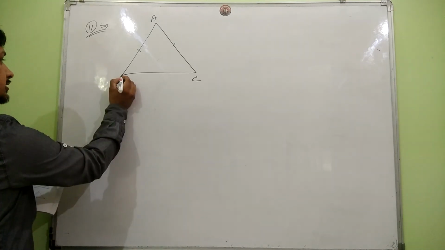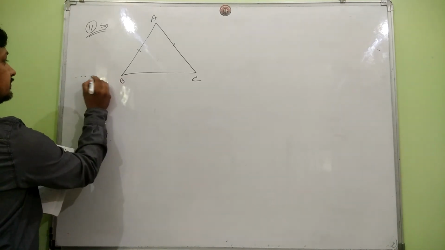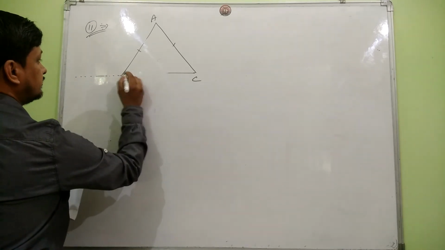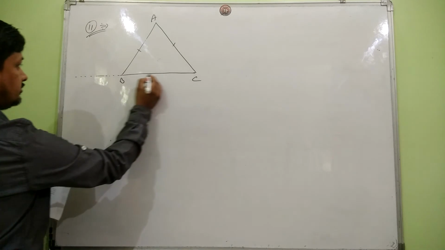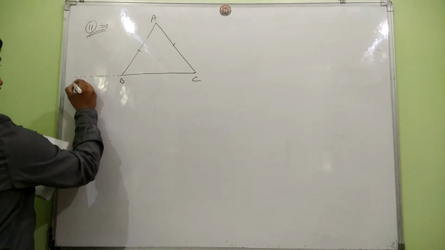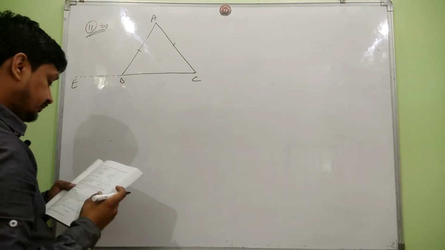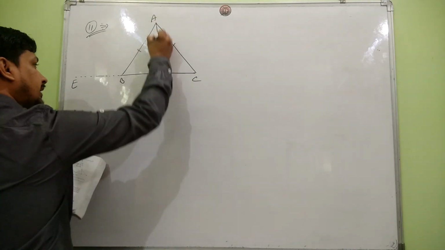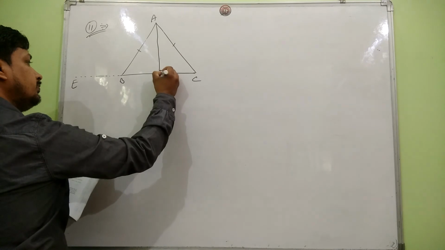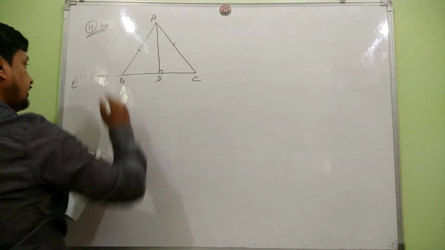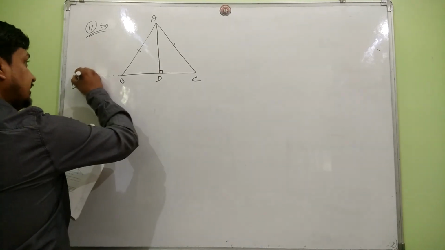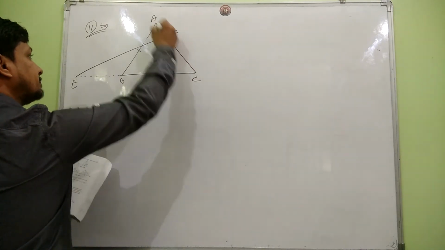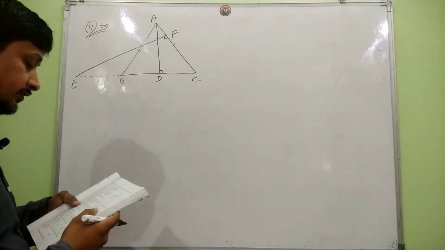We have produced this side CB to point E, and AD is perpendicular to BC. Also, EF is perpendicular to AC. So this is the figure we have been given.